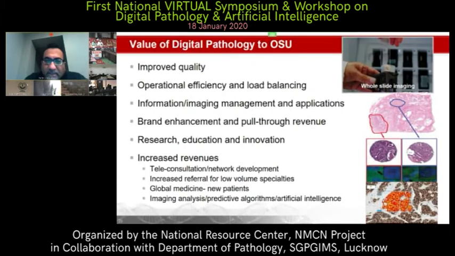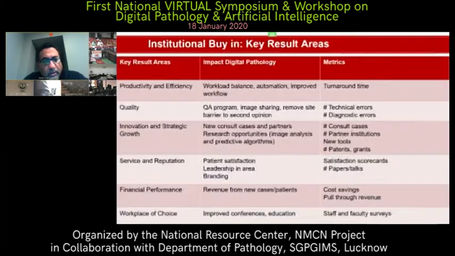The key result areas that we wanted to focus on were productivity and efficiency. The impact of digital pathology was to balance the workload, provide automation in the workflow, and look at turnaround time before going digital and after going digital, to see what the impact was on turnaround time improvement. We also wanted to look at results and quality.